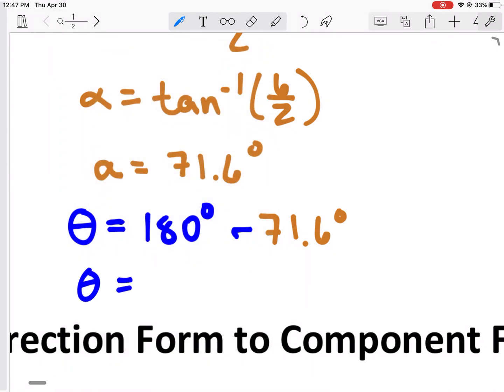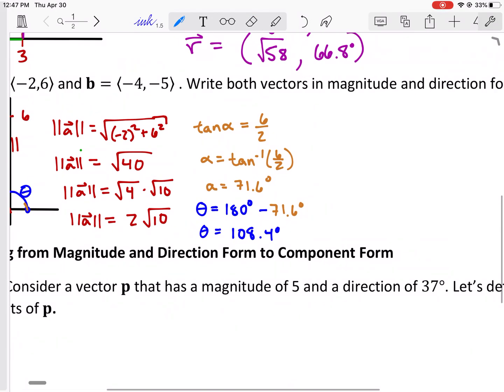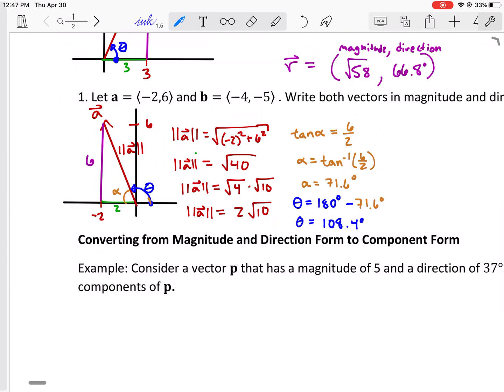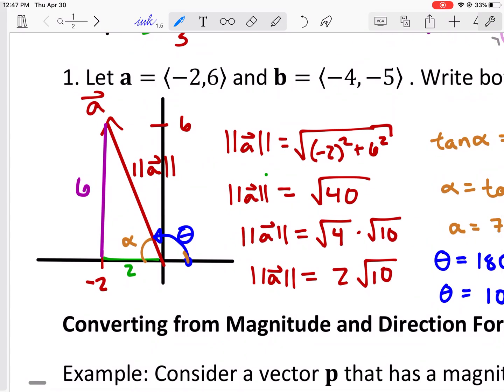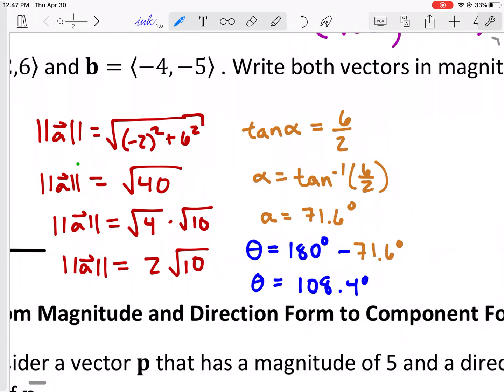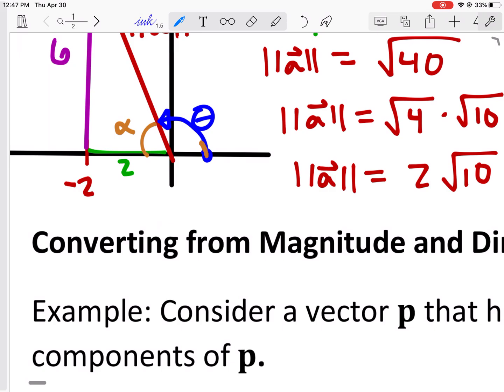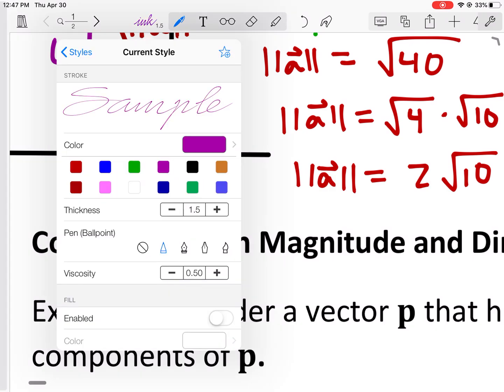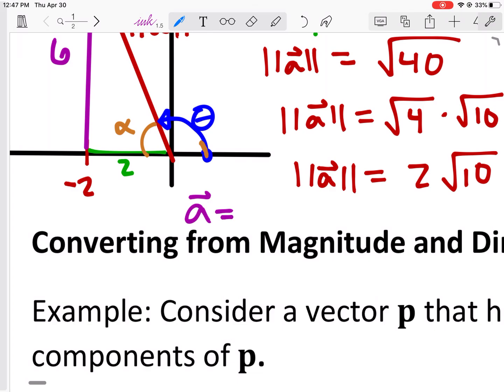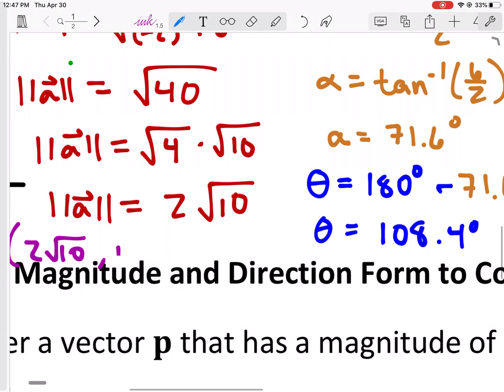Subtract those. 180 minus 71.6 will give us 108.4 degrees. And we now have this vector A in terms of its magnitude and direction. So A is equal to 2 square root 10, comma, 108.4 degrees.